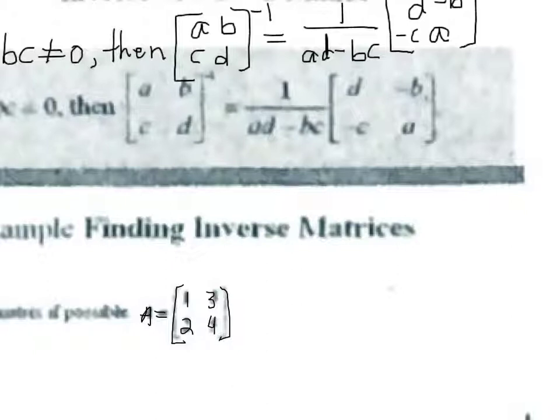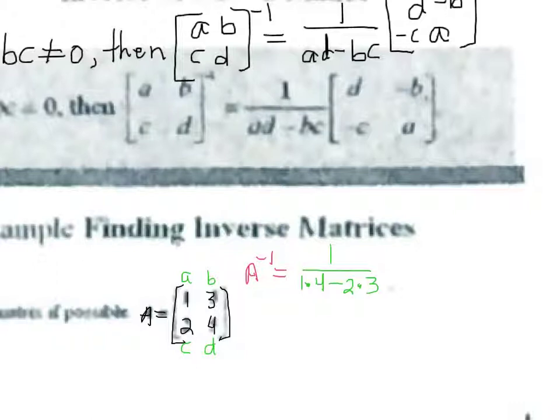So my matrix A to the negative 1, this is my A, my B, my C, and my D. First I need to follow the formula. 1 over A times D, 1 times 4, A is 1, D is 4, minus the product of B times C, that is 2 times 3.